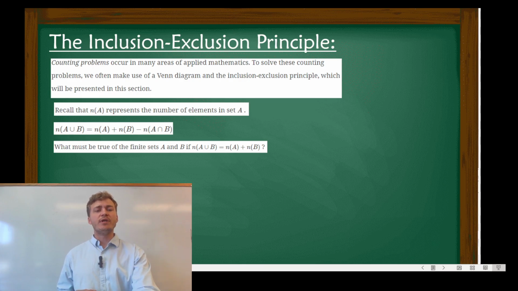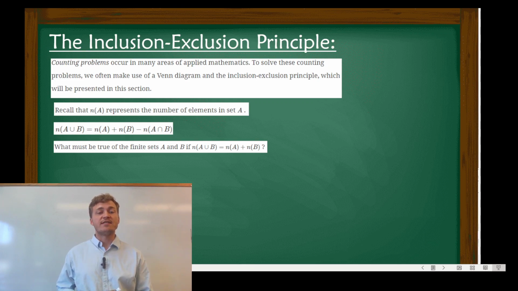Well, quite simply put, if the two sets are disjoint sets, meaning that they have no overlap, meaning that there is not an element in A that's found in B, well, the principle tells us then take the number of elements in A and add it to the number of elements in B. You don't have to worry about subtracting the intersection because there is no overlap. There are no numbers found in both sets A and B. So when the two sets are disjoint, you simply add the 2 number of elements together.